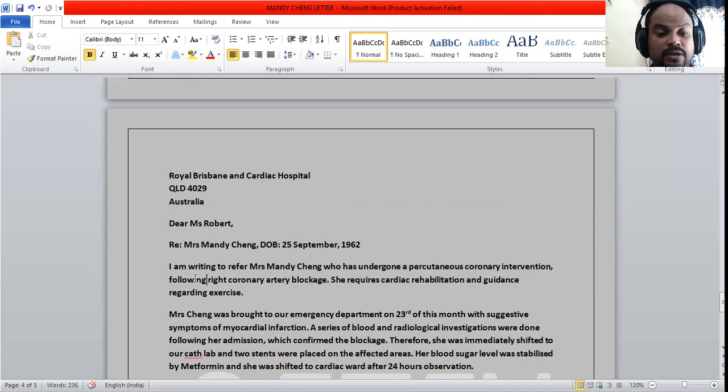So this is a question here: can I write 'following coronary artery blockage'? I think that is not advisable to go ahead with 'following right coronary artery blockage'. Instead, we have to do something else here.